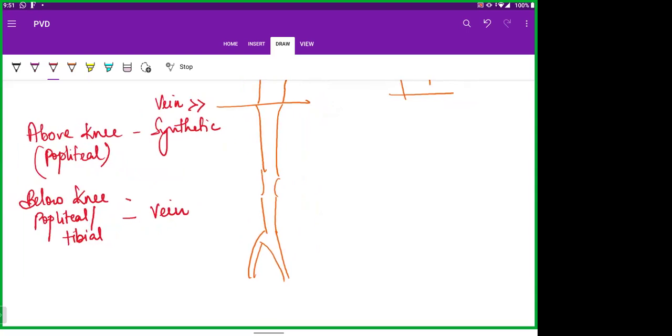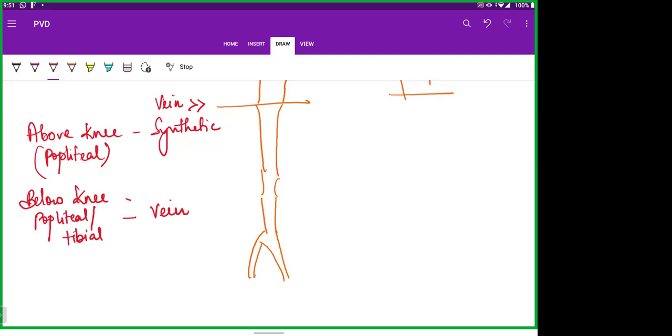It is designed to flow naturally from foot to upwards. So that's why you can reverse the vein so that the valves allow the flow from up to down.